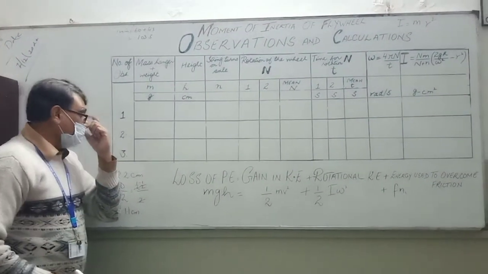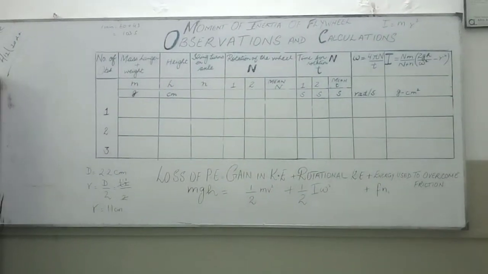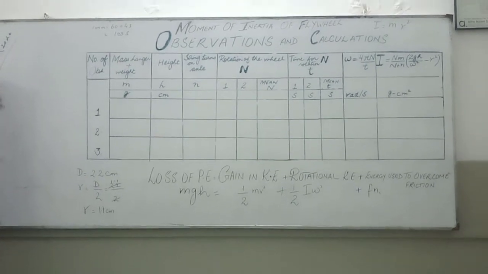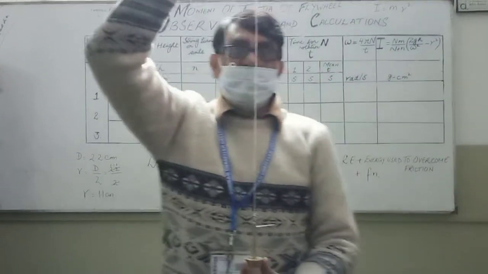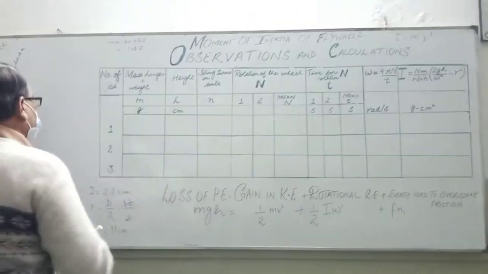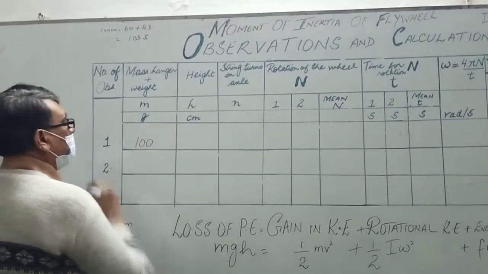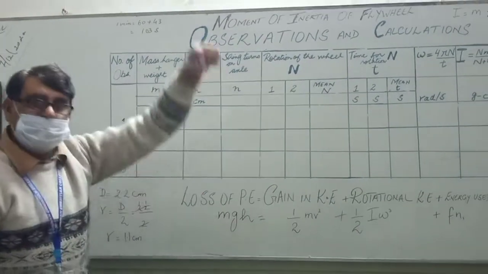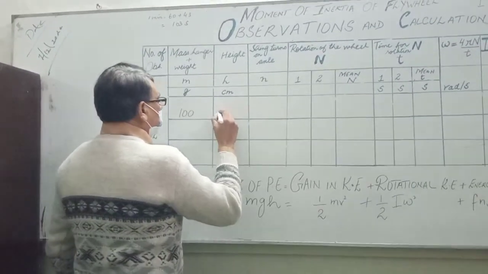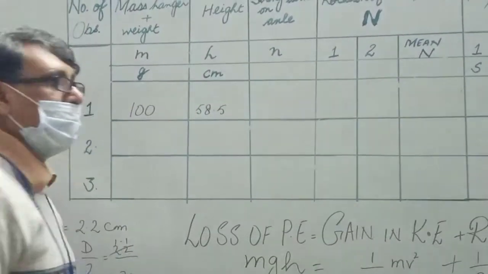You can see over here how much mass we are hanging. The mass which is hanging around the axle was 100 grams, so I am going to write it over here, 100 grams. The height of the mass was 58.5 centimeters.